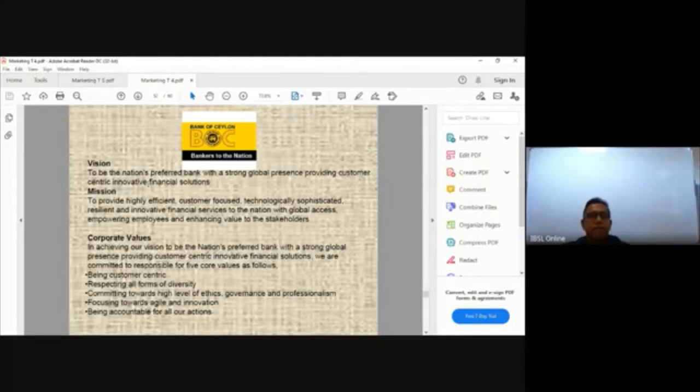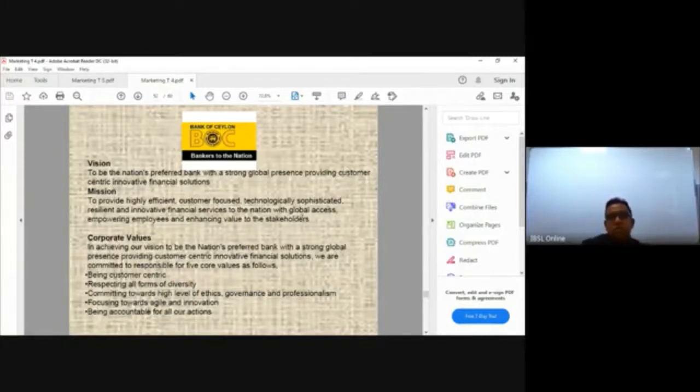The mission is to provide highly efficient, customer-focused, technologically sophisticated, resilient, and innovative financial services to the nation with global access, empowering employees and enhancing value to the stakeholders.